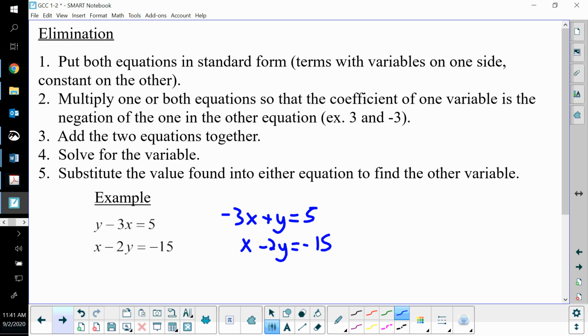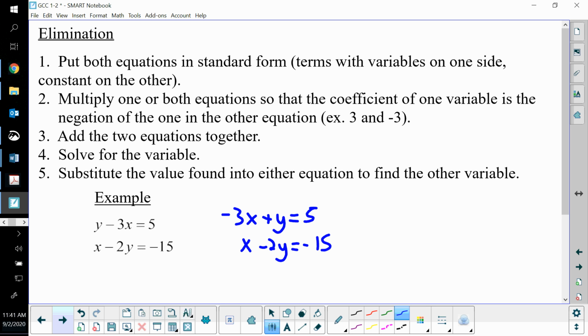All right, now we have to make a choice. Do we want to get the x's to match up, but just opposite signs, or the y's to match up with opposite signs? And in this particular case, they're both relatively the same difficulty level. Maybe let's try and get the y's to match up.